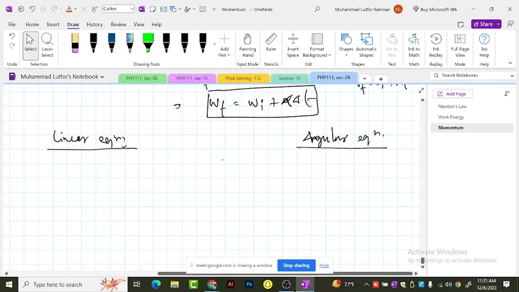If we express linear displacement by x, then angular displacement is theta. Linear velocity is v, angular velocity is omega. Linear acceleration is a, and angular acceleration is alpha. There is a relation between these two parameters, a and alpha.